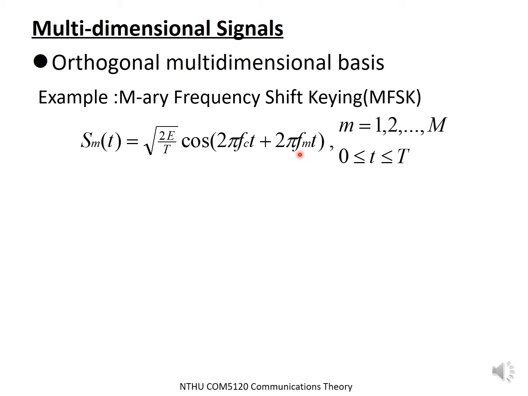We have m different carrier frequencies, and each carrier frequency represents log to the base 2 of m bits. In each transmission symbol time of capital T, one of the carrier frequencies is applied to represent the message.